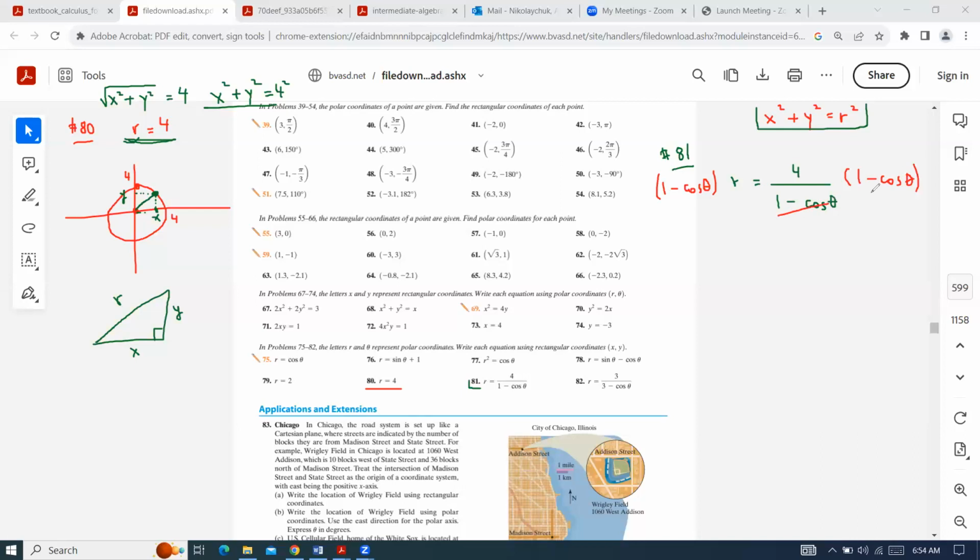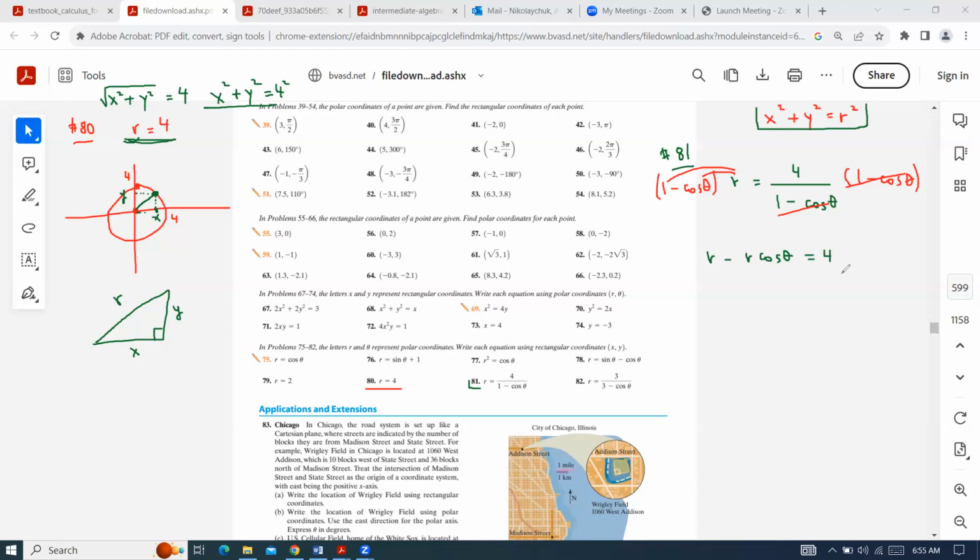So cancel this. And then I'm going to also distribute this r over, so we don't have any parentheses. And this will enable us to actually write what we have for the equation, r minus r times cosine theta is equal to 4.